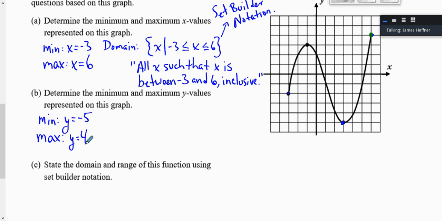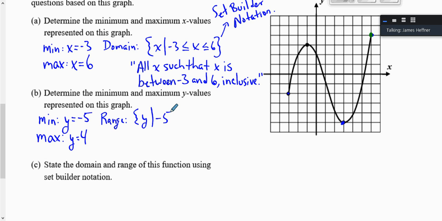So let's do set builder notation for the range. Instead of X, we're going to use what? Y. So all Y such that, what should I write? -5, in between.